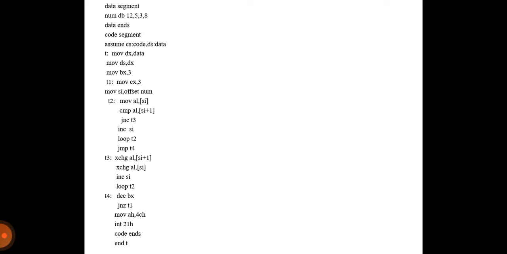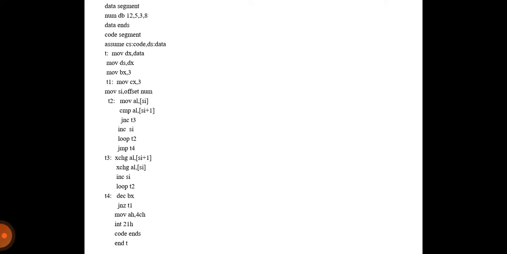After completion of T2 or after completion of T3, either of them, after completely executing the inner block, when CX is 0, you can see JZ means the zero flag is set.